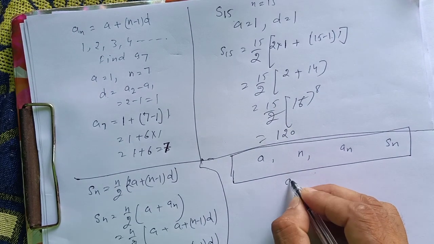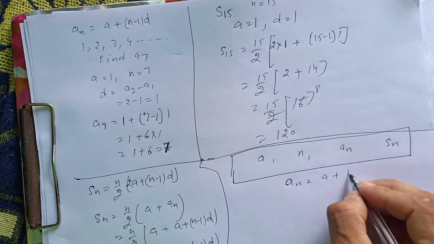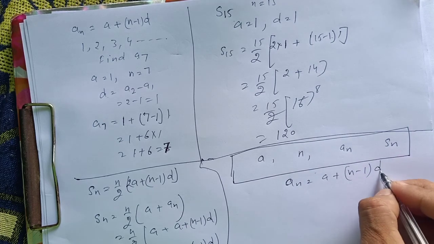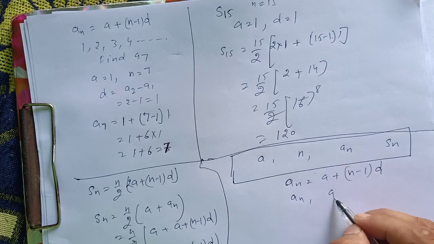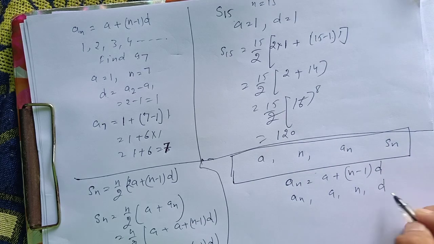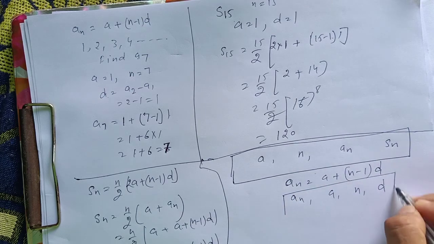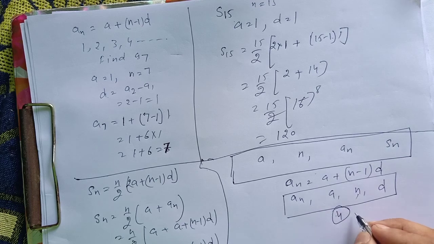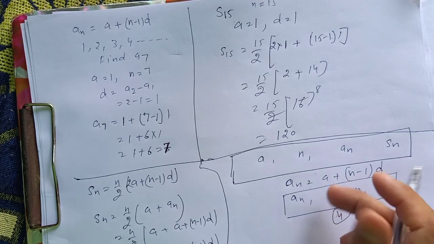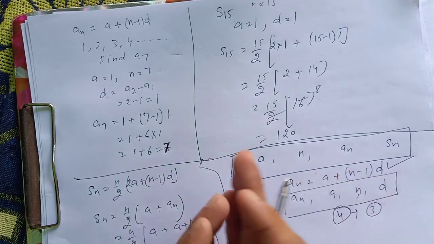Suppose an equal to a plus n minus 1 into d. Here we have an, a, n and d. If we have 3 out of these 4, we can put all those 3 in this formula and calculate the fourth.